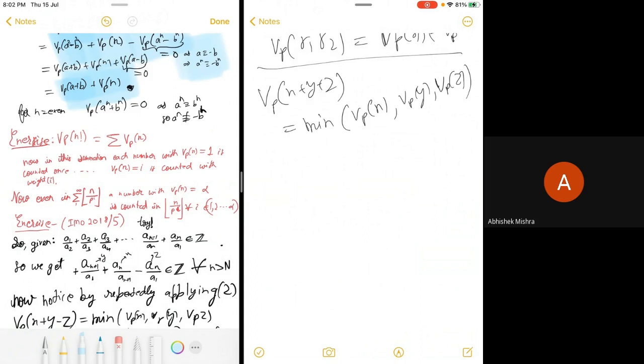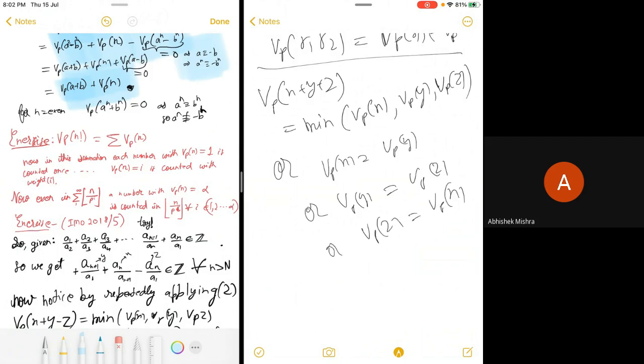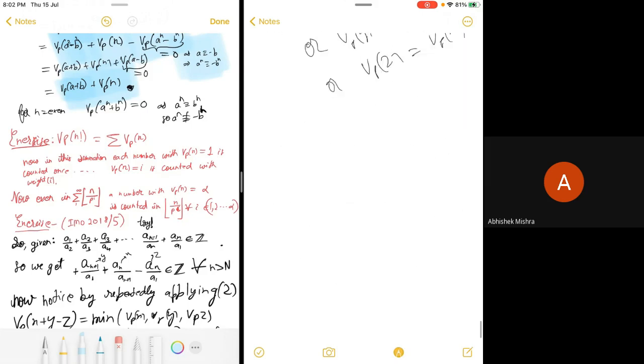So this is true, or Vp of x is equal to Vp of y, or Vp of y is Vp of z, or Vp of z is Vp of x. For this, suppose that these three are different, then this is true by that sum argument.